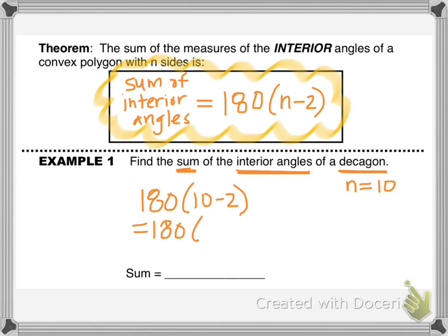So 180 times 8 equals 1,440 degrees. So the more sides, the bigger the sum of your interior angles.